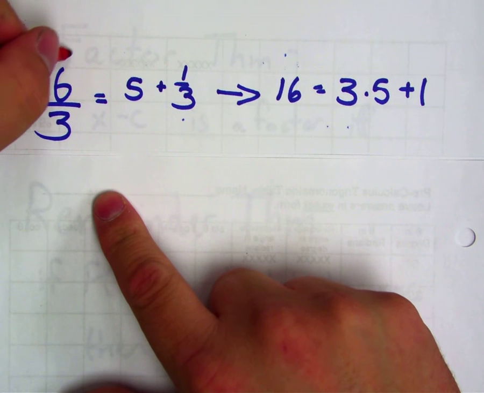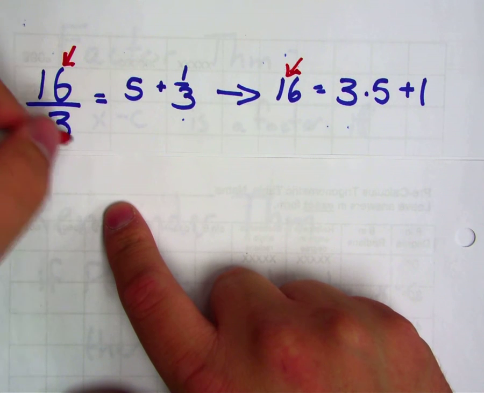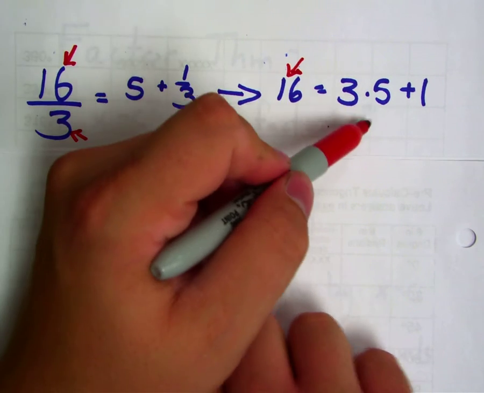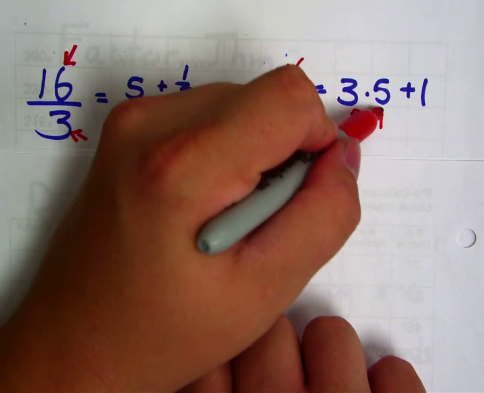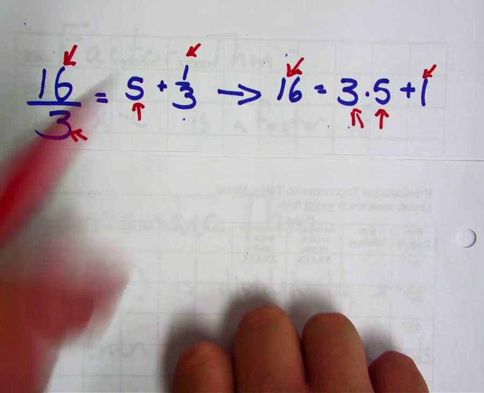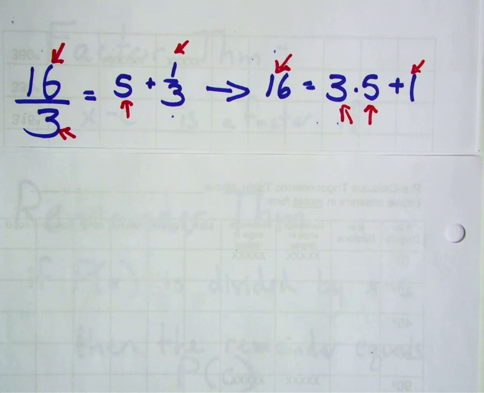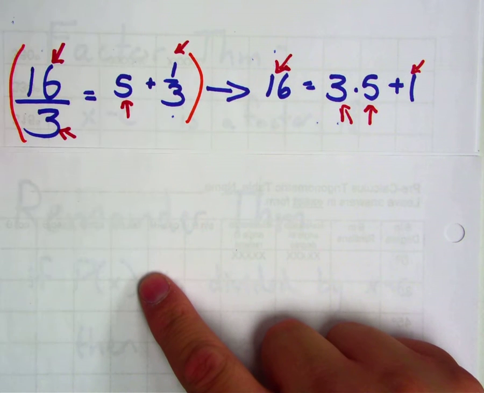We've got our dividend, we've got our divisor, our quotient, and our remainder. So they're just written in two different ways, and you can verify that this is true simply by taking this equation and multiplying by 3 on both sides.